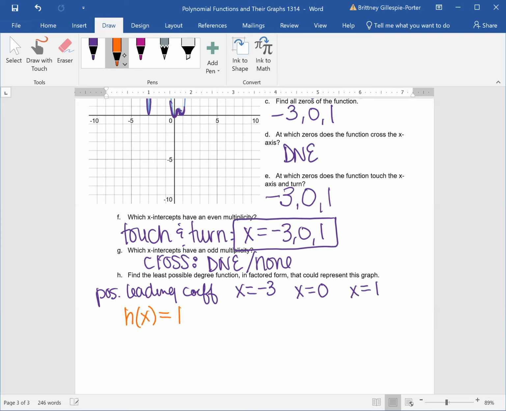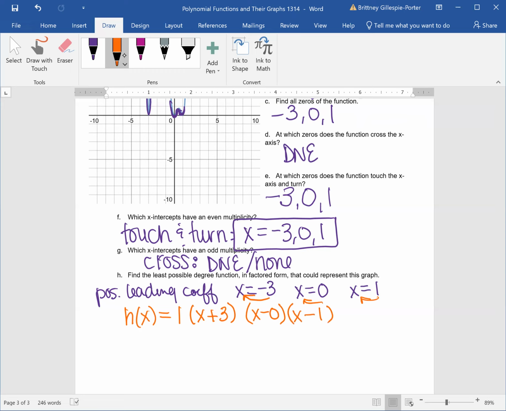We have a positive 1 on the leading coefficient. Remember, we're always going to use 1 or -1. The x equal to -3 came from (x + 3). You can do (x - 0) if you would like. If you already know where we're headed with that, you can skip the (x - 0) step. And then we have (x - 1).